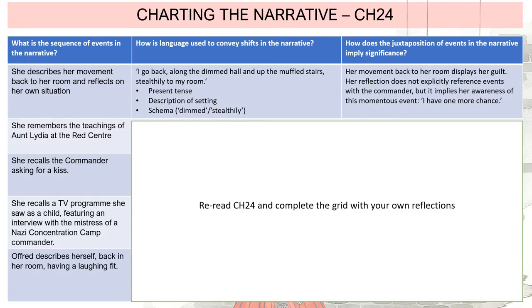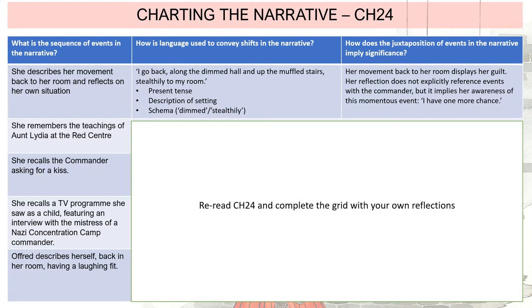We've also got "my room", which is something that's explicitly given treatment earlier in the novel, where Offred finally sort of admits to ownership of her room, and I suppose that acts as a sort of schematic trigger for us to understand where we are.